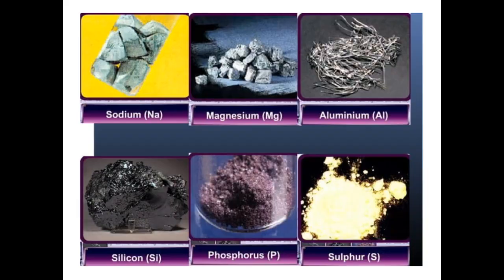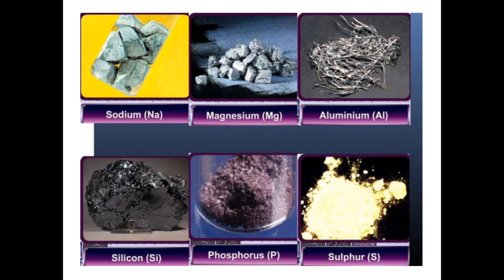Let's quickly look at how they look. You will see their different appearances for elements in period 3. Sulfur is a yellow solid. Sodium is metallic gray, the same thing with magnesium.